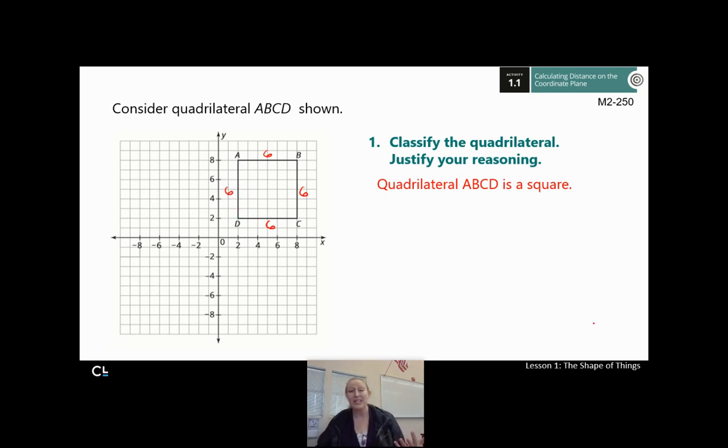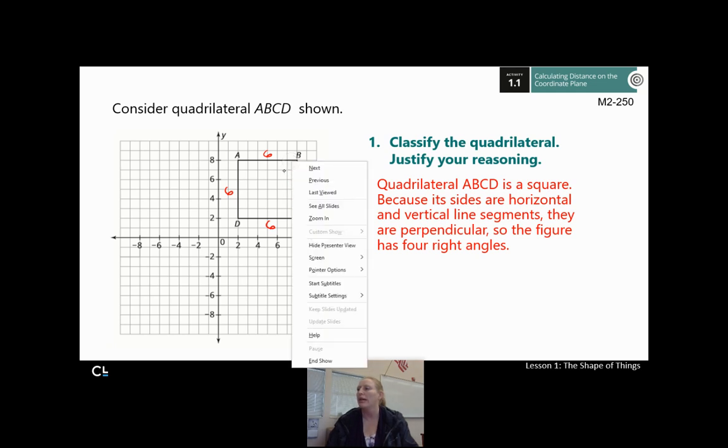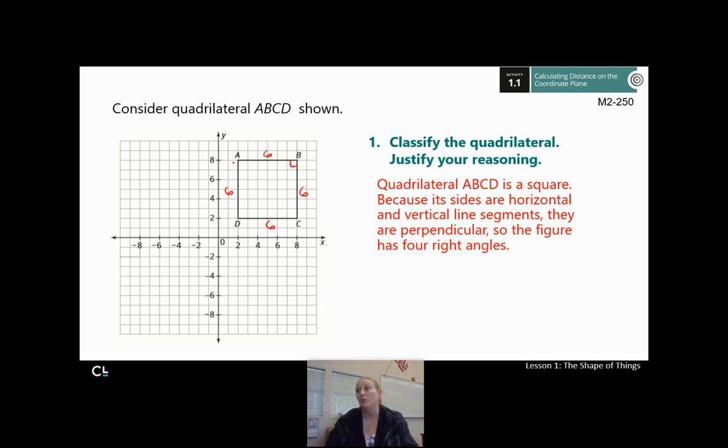But that's not enough, right? We said that in order to be a square, you've got to have 4 congruent angles, 4 right angles. Well, check it out. I've got horizontal lines and vertical lines, and we know that horizontal and vertical lines do, in fact, make right angles. So sure enough, I've got a whole bunch of right angles here.